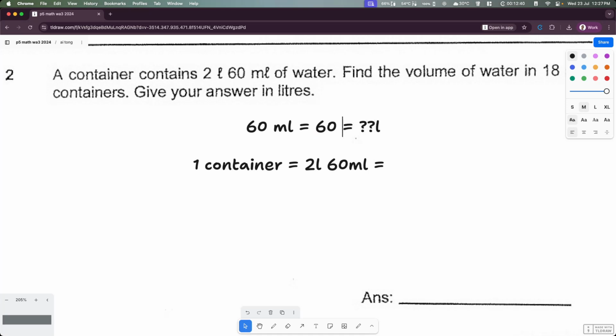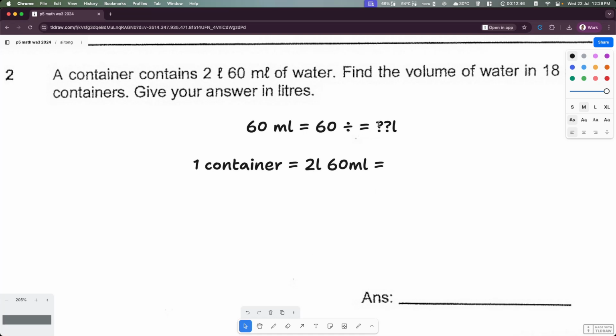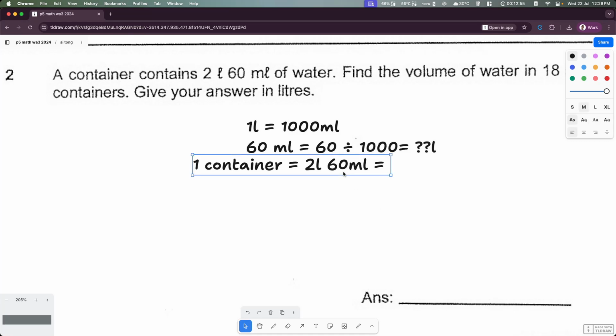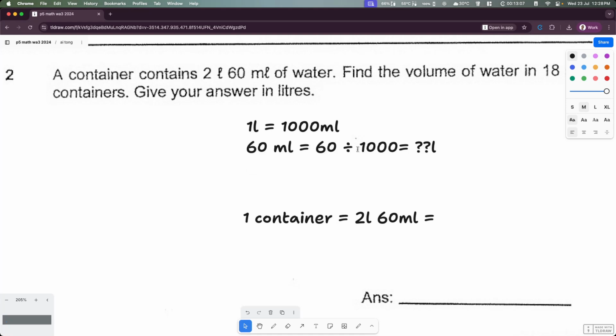So we have 60 divided by 1000, because 1 liter is equal to 1000 milliliters. Then 1 milliliter is equal to 1 divided by 1000. So we can just divide by 1000.